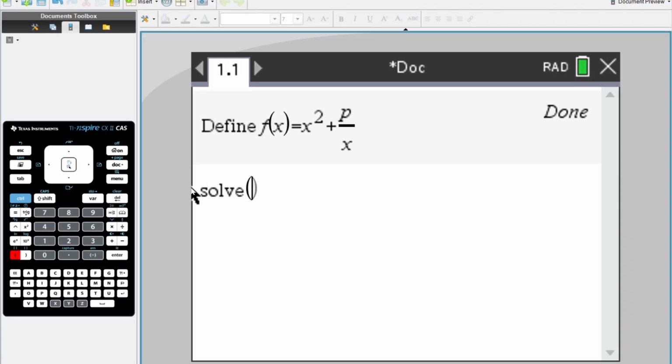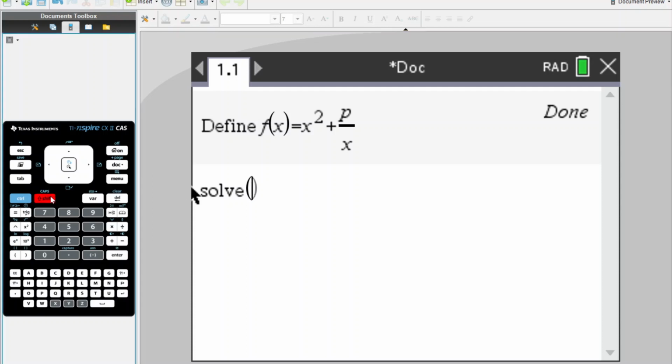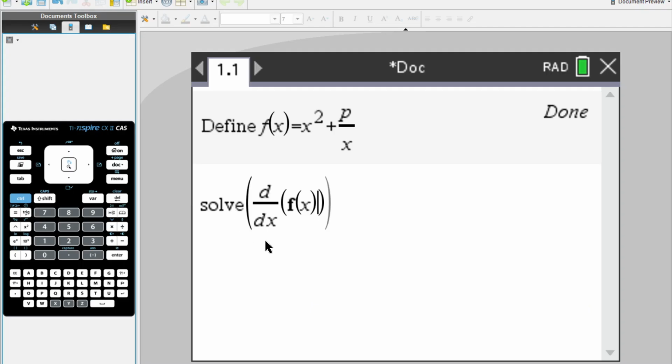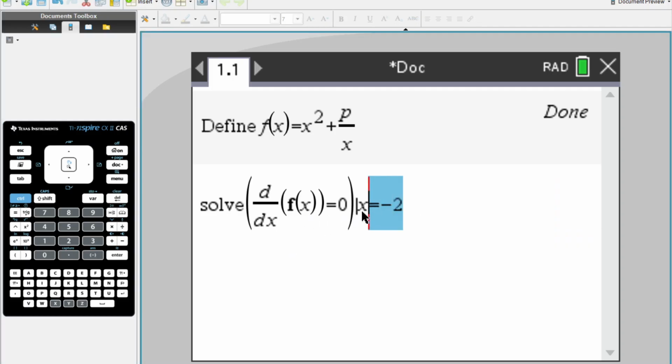So what we want to do is solve the derivative with respect to x of the function f of x, and we want this derivative to be equal to 0 when x equals -2 because there's a stationary point there. So we're going to set this equal to 0, but we want x to be equal to -2. Okay, and what are we solving for in particular? Well, we know what x is equal to, so we're not solving for x, we're actually solving for p.